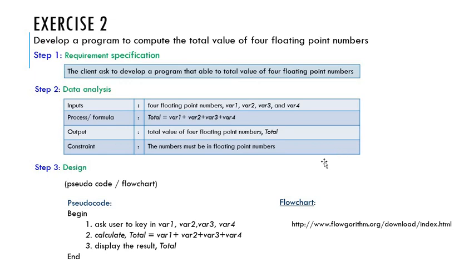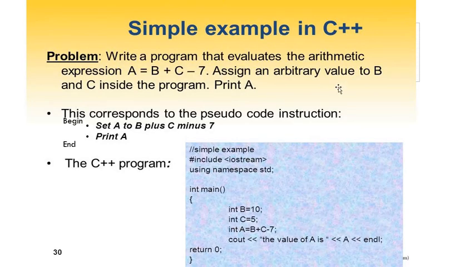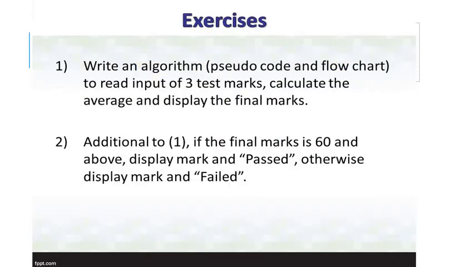You can type to search, you can search for Visio inside your computer, and then you can use it to draw the flowchart. So this is another example. Maybe you can try after the class.